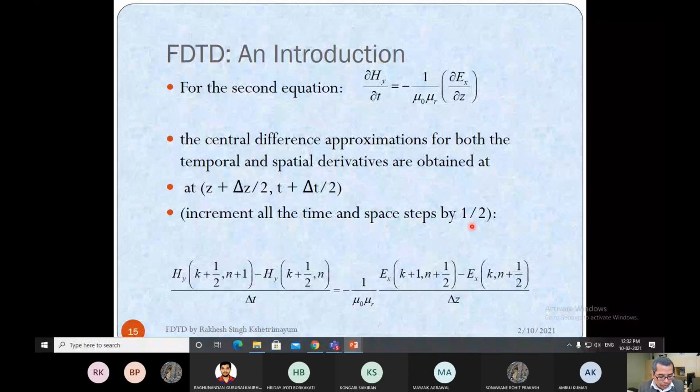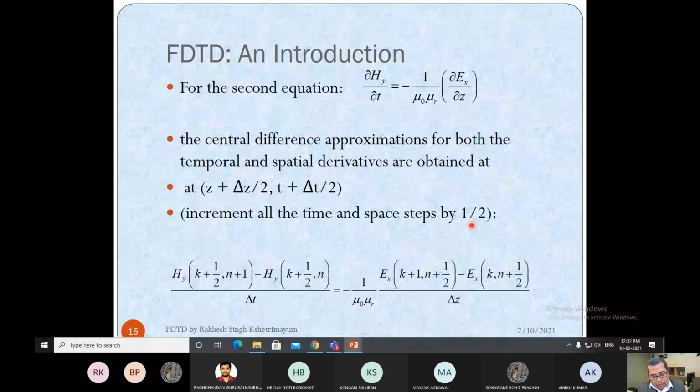It's actually called leapfrog manner, just like how a frog jumps out of a well, no? It will jump step by step. So just like that, we call it leapfrog manner. You calculate the electric field, then you calculate the magnetic field at the next time and space step.